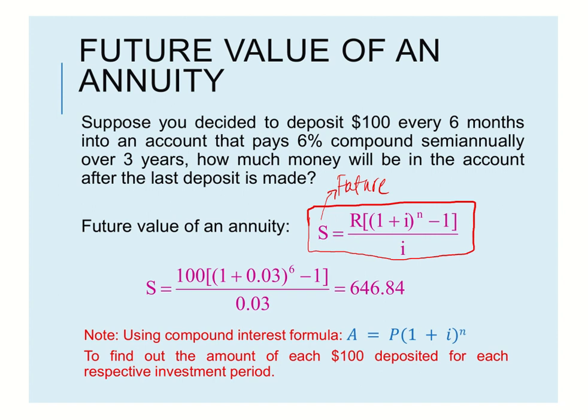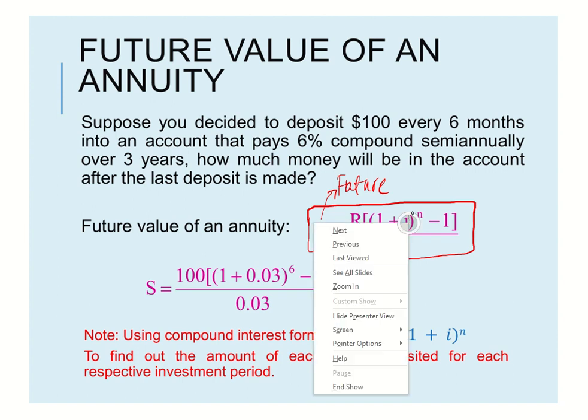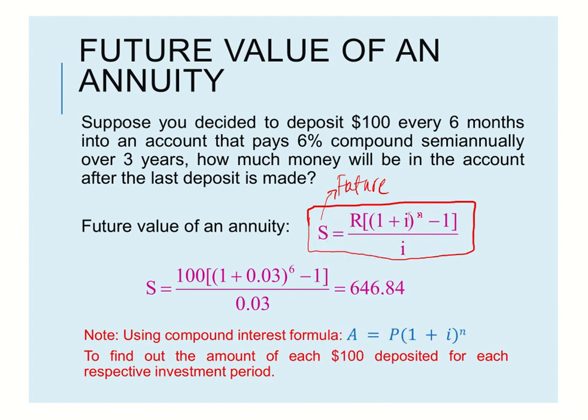The R refers to the regular payment, which is the payment that we pay at time intervals. And the I is the interest rate per conversion period, as we learned before. And the N is the number of compounding, so how many times the financial institution pays us the interest? So, minus 1 over I.